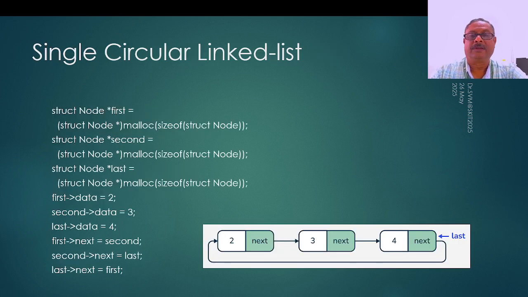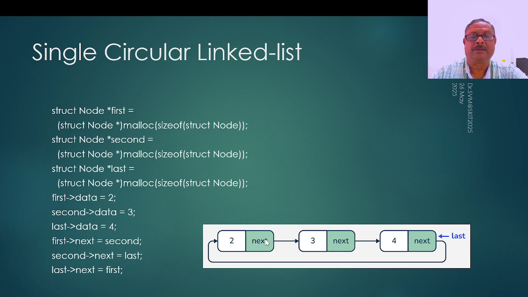Just see as an example how a single linked list is created. We create a node and then the next node, then the next node. That's the normal way we create a linked list. But the only additional thing we do is the next node of the last node is the same as the first node. So we make a round connection.